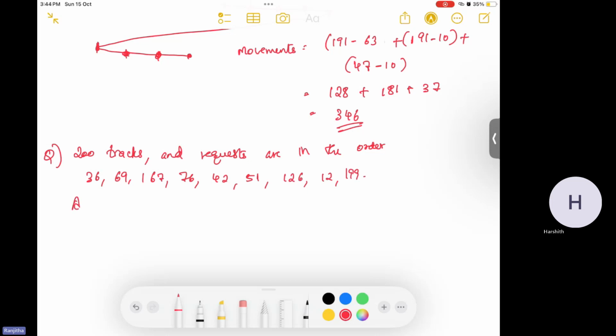Okay. The arm is at the 100th track, moving towards 200.